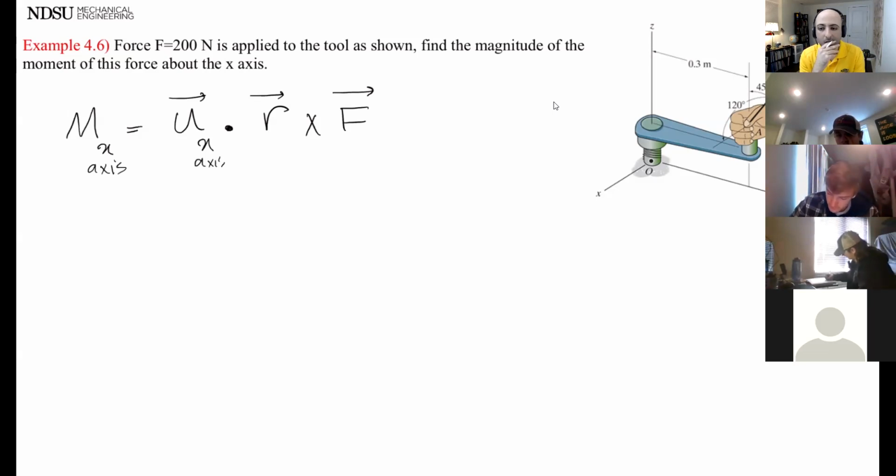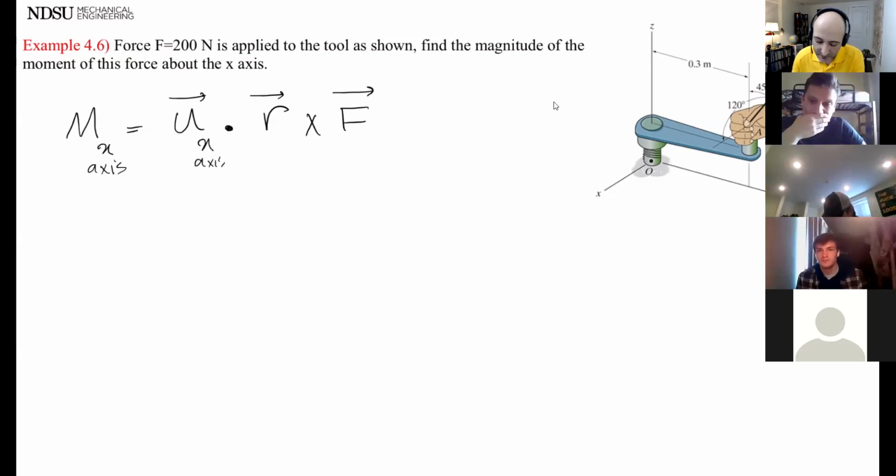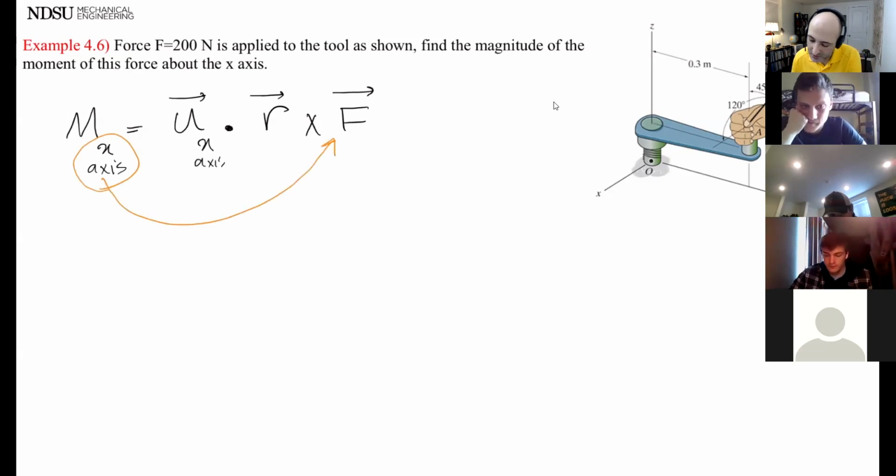What is R from, and where is it going to? O to A. From the axis to the line of action, which in this case is better to take as O to A. And F is your force.